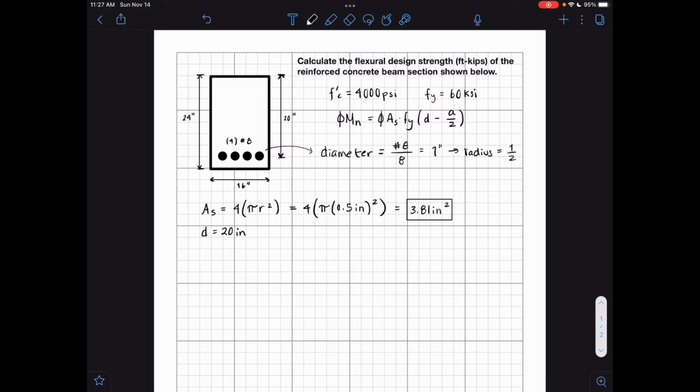Next we need to determine the variable a over here. This variable a is coming from the concept of the Whitney stress block. In the Whitney stress block, we know that Ts is equal to Cc.